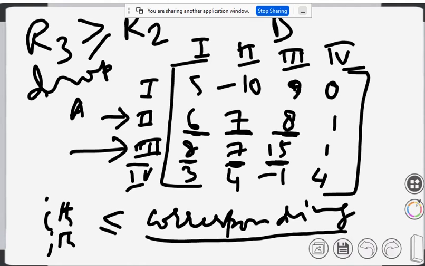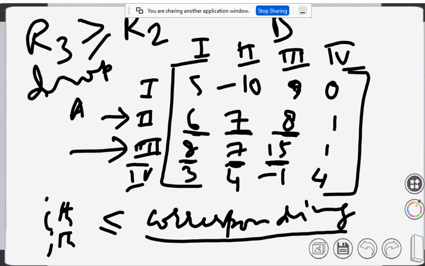If all the elements of a particular row are greater than or equal to the corresponding elements of any other row, then the bigger row will be retained and the smaller row will be neglected or dropped.